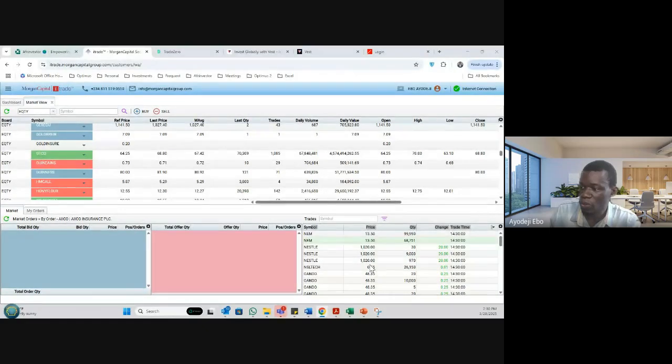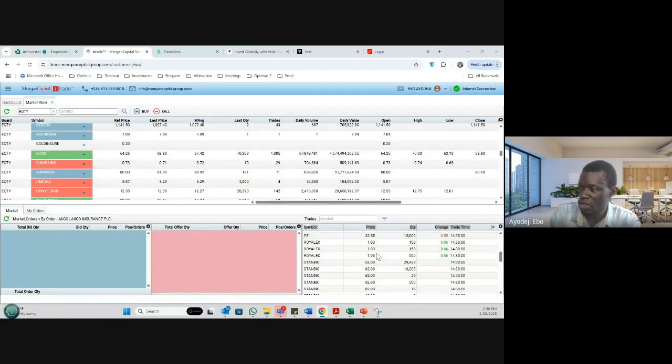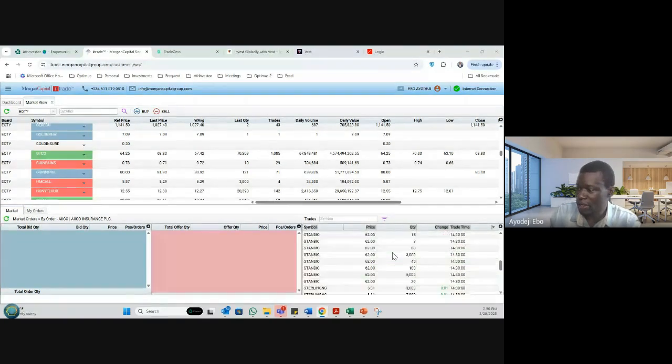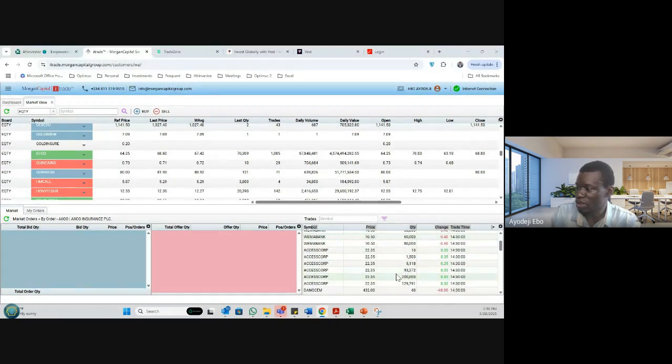If it was open before 2:20, we would see all these things moving actively, and we'd also be able to see the bid and offer. That's part of what I want us to achieve. They are still matching those trades. You can see Access Bank moved up towards the end of the market. So that is the Nigerian market.